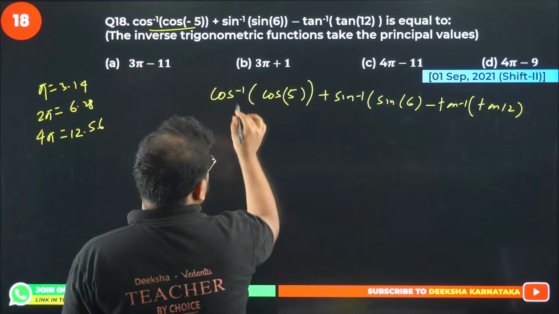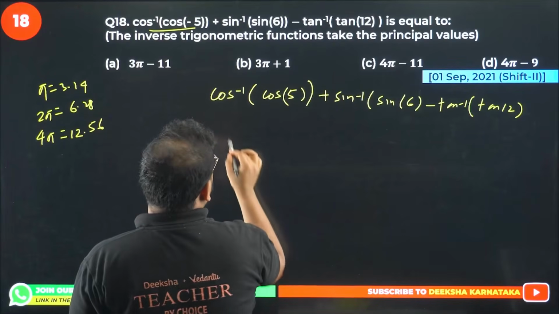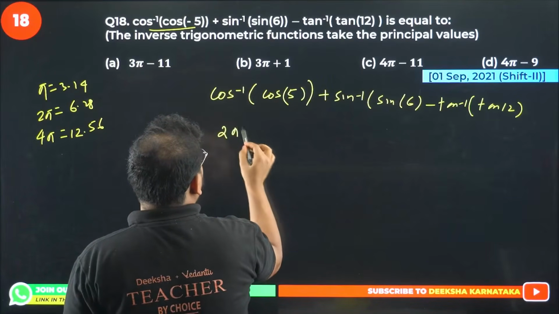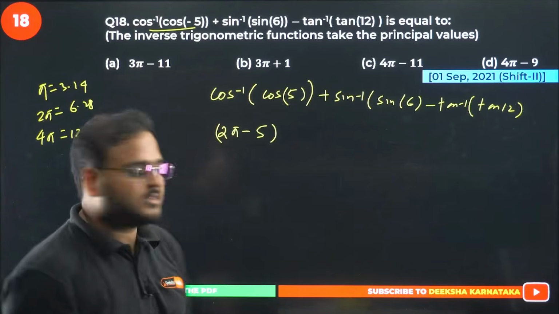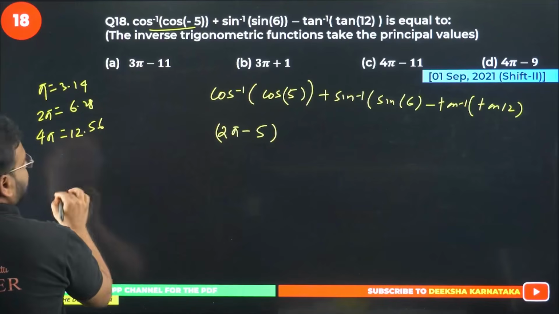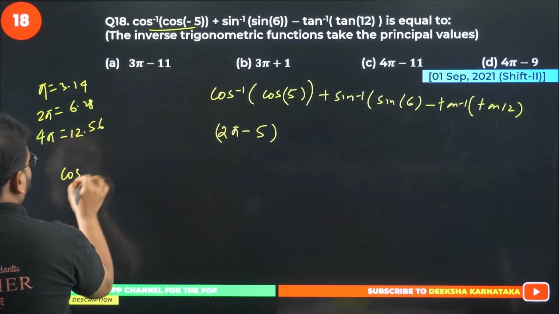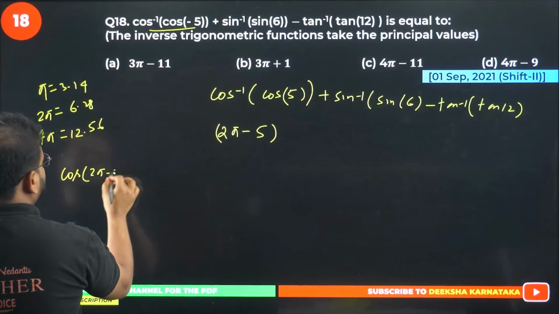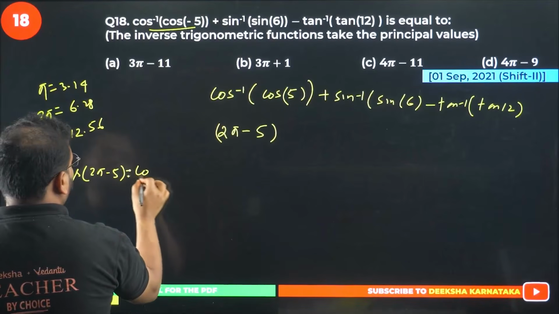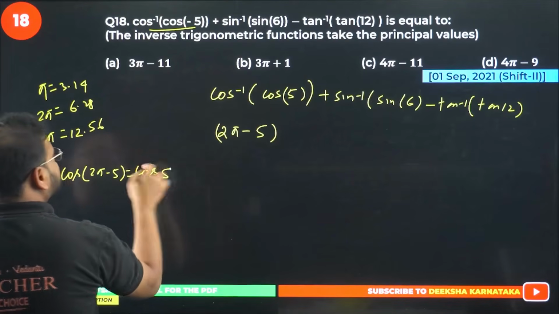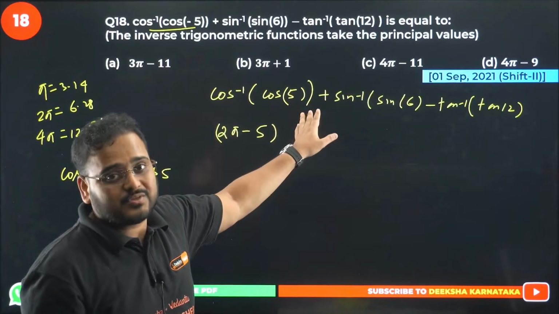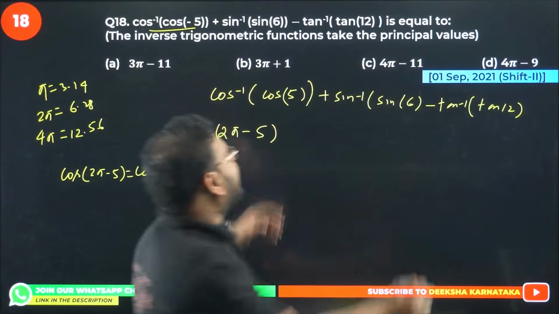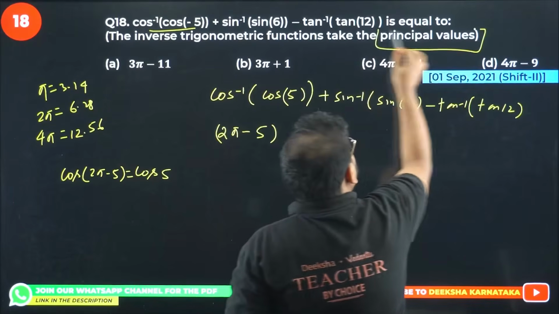I can write cos inverse of cos 5 as 2 pi minus 5. How come, sir? Please check. So I can write cos of 2 pi minus 5 equals cos 5. Why are you doing this? Because they are saying to write in terms of the principal value branch, so you have to make that change.